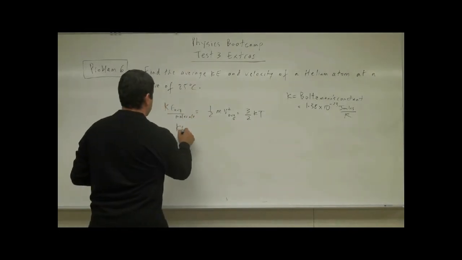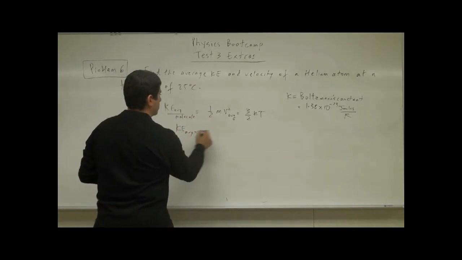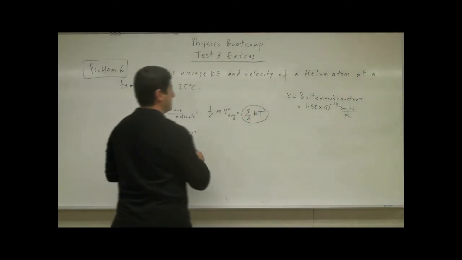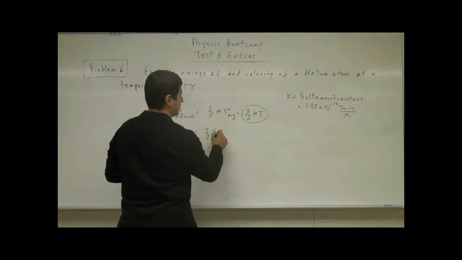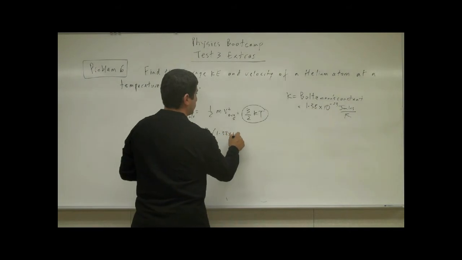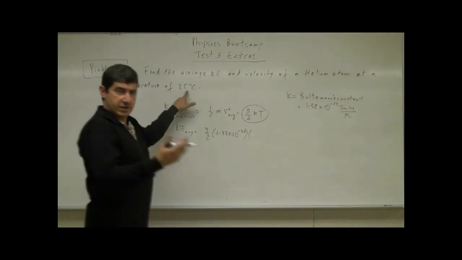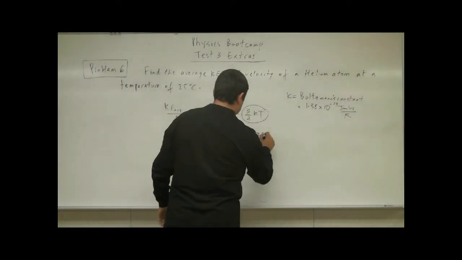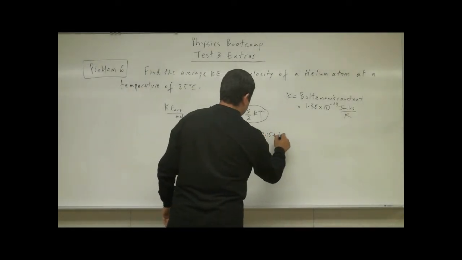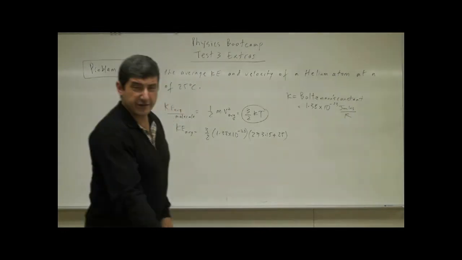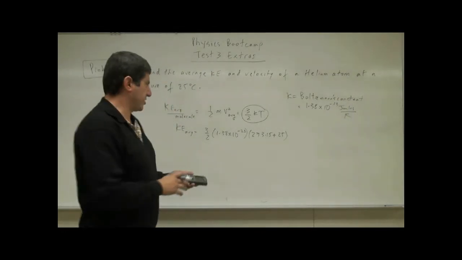So the average kinetic energy is equal to, for now we could just calculate this one, 3/2 times 1.38 times 10 to the minus 23. Temperature of 25, again we have to convert to Kelvin, 273.15 plus 25. So the average kinetic energy of each molecule is going to be very small.